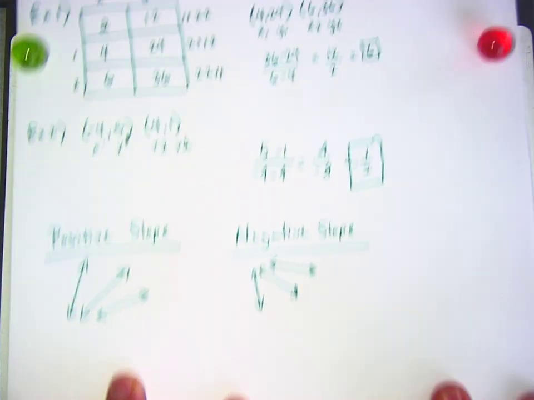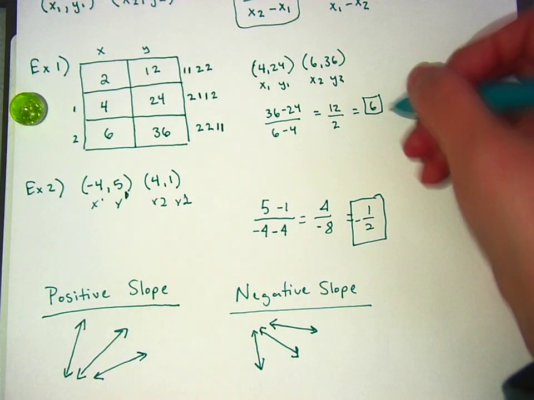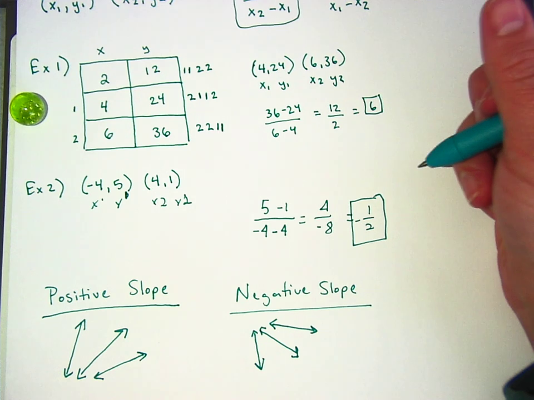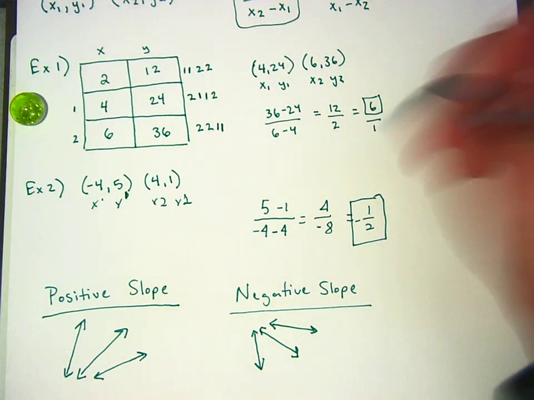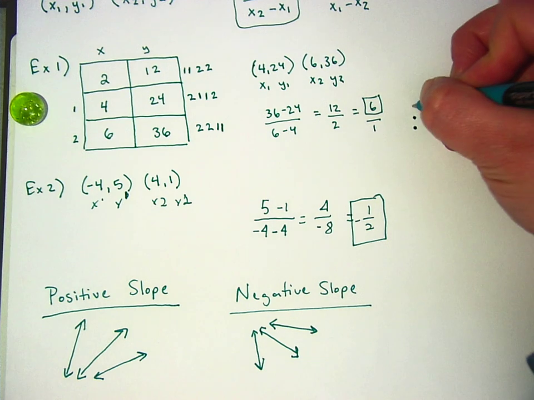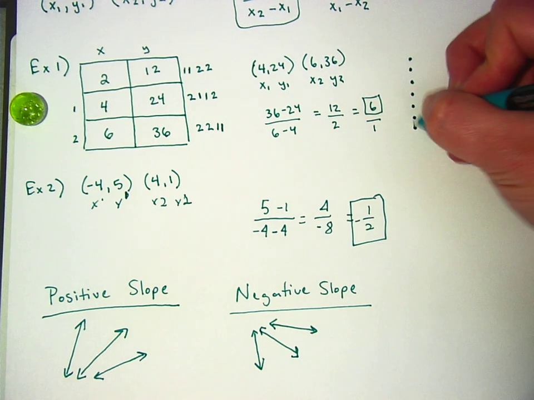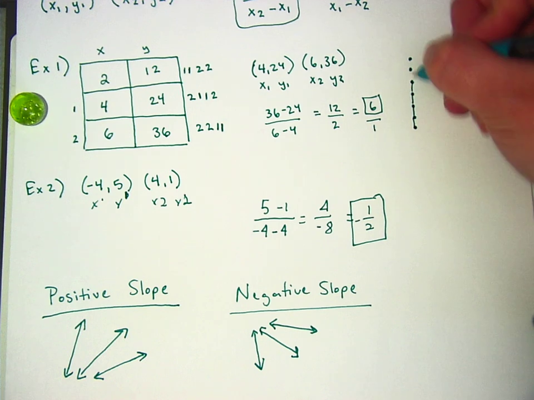Let's look back at this. This one says 6, right? Now, if I had to make that into a fraction, what would I make it into? 6 over 1. And if I was going to draw that picture, it would go up 6 spots, 1, 2, 3, 4, 5, 6, and over 1.